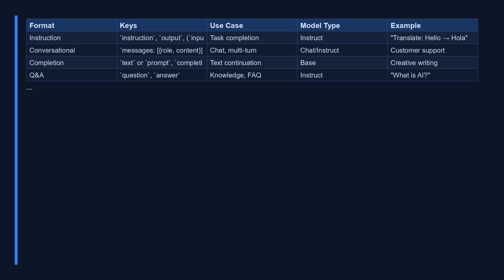The completion format uses either a single text key or prompt and completion keys, the right choice for base models and text continuation tasks. The Q&A format uses question and answer, clean and direct for knowledge retrieval and FAQ systems. Know these 4 cold and you'll never be confused about how to structure your training data.